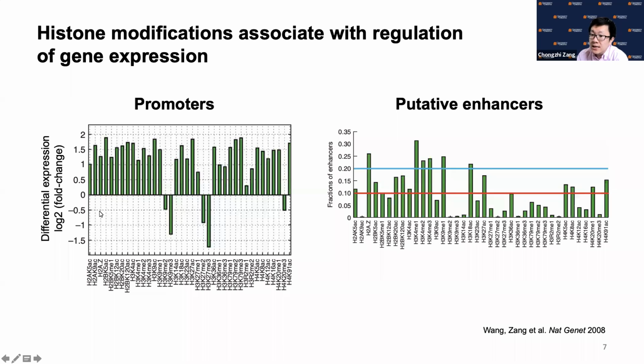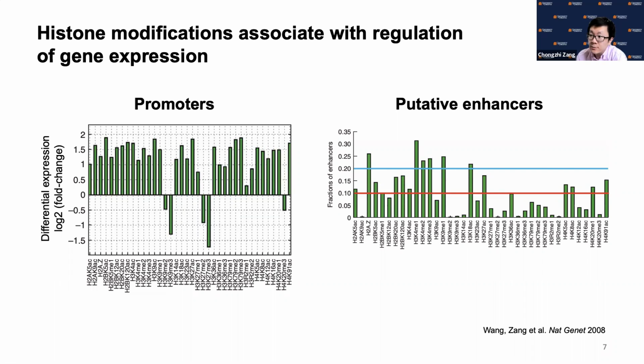As we can see on the gene promoter regions, in the left plot, we separate all the gene promoters into the group that has each modification and the group that doesn't have this modification. Then we compare the expression level of the genes between these two groups.